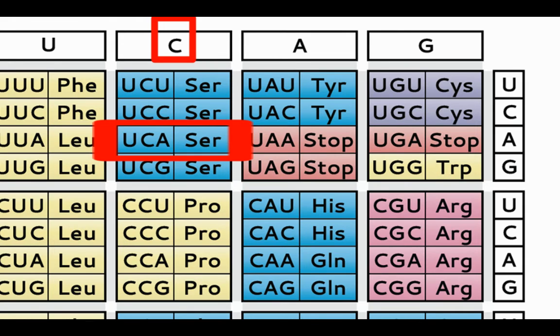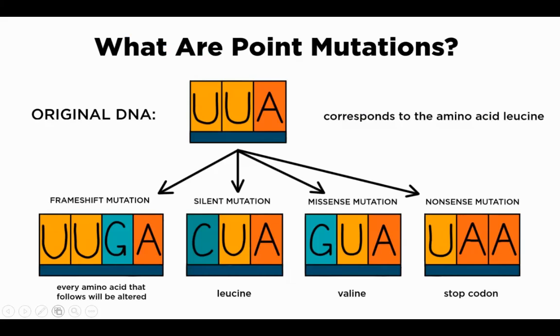Nag-iba lang yung isang letter na stop na siya kaagad. So instead na magkakaroon ka ng long, shiny hair, naging kinky hair, kasi nga na-stop yung genetic information mo. So, those are the different types of mutation.